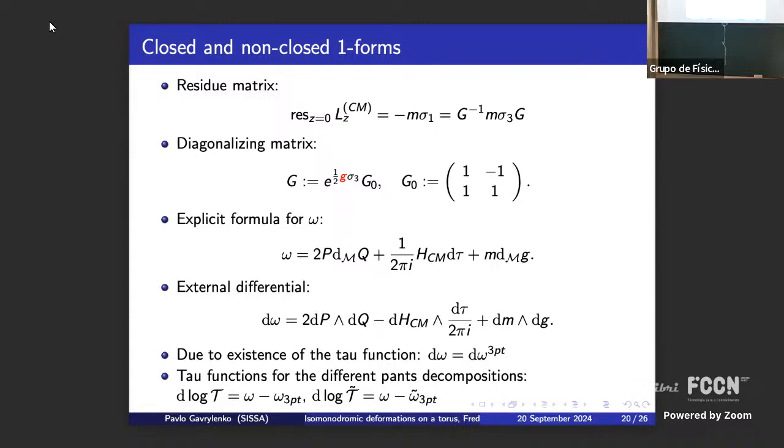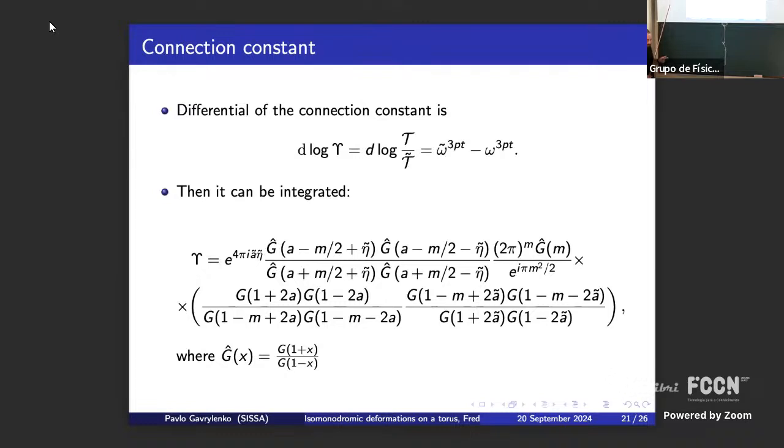So we have a one-form on the extended space, and now we have different sub-leading parts which appear in the original problem and in the dual one. And to compare the connection constant, we just need to compare these additional one-forms.